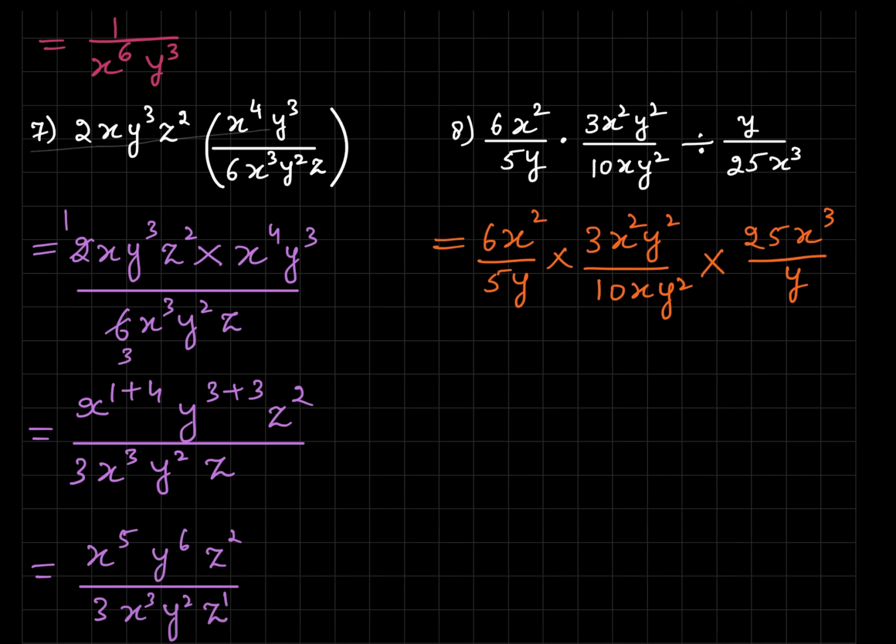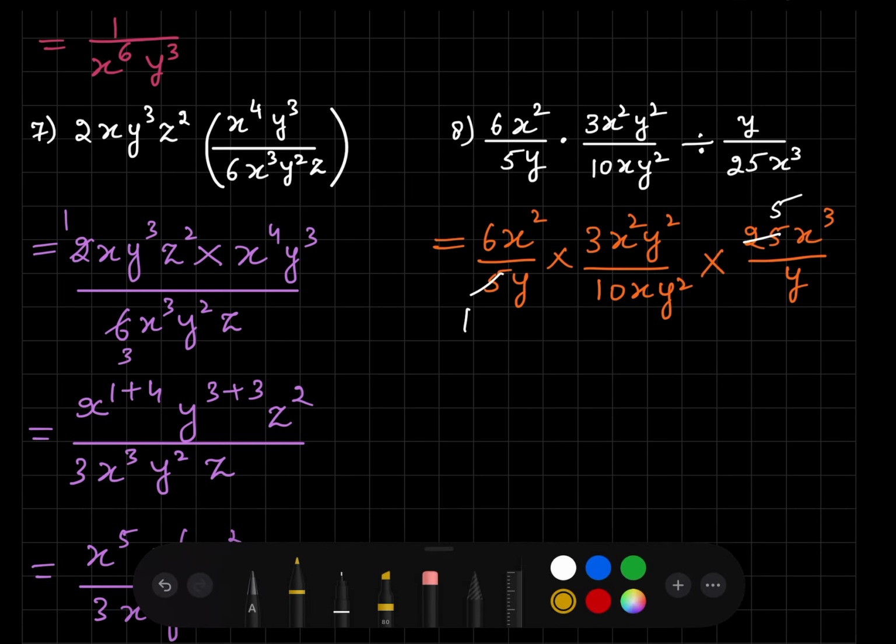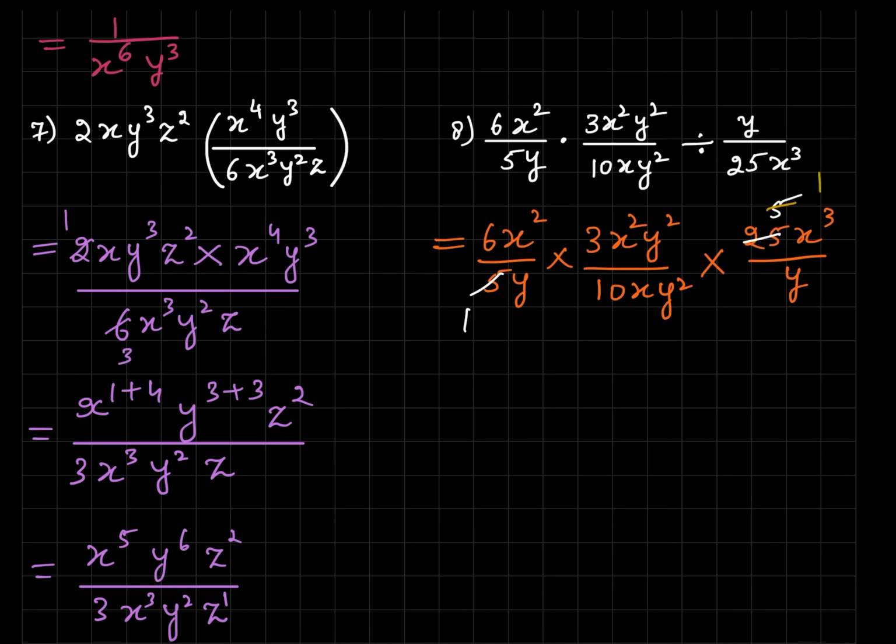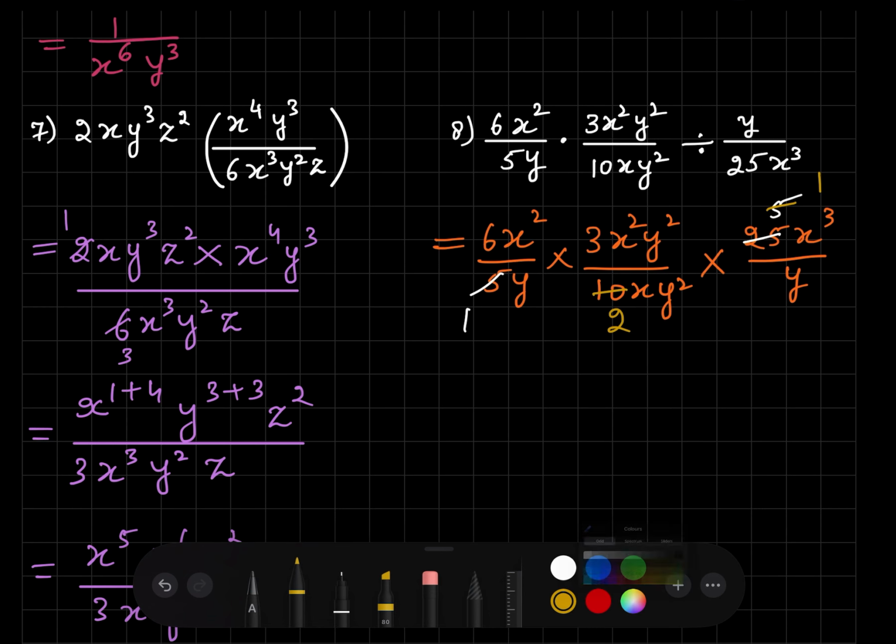We can do here 5 ones are 5 and 5 fives are 25, right? Then I can do this 5 ones are 5 and 5 twos are 10. Okay, next I can do 2 ones are 2 and 2 threes are 6. Yes, done. Then we can also cancel y square.